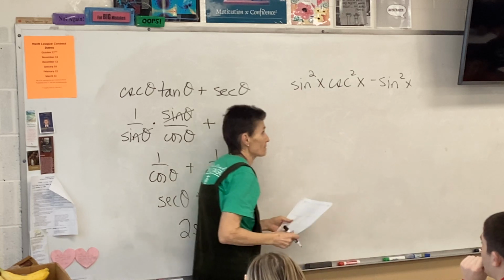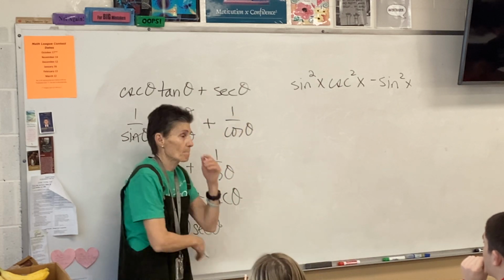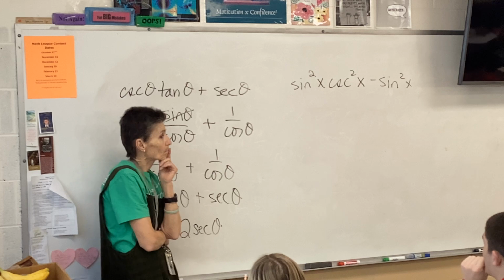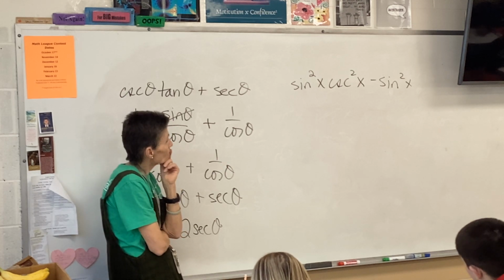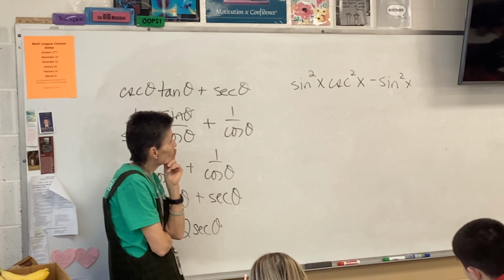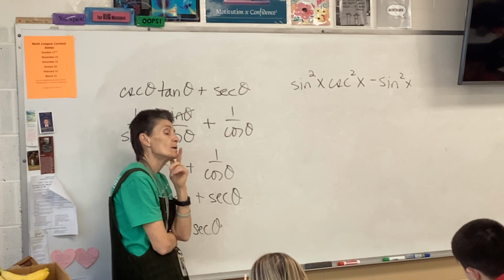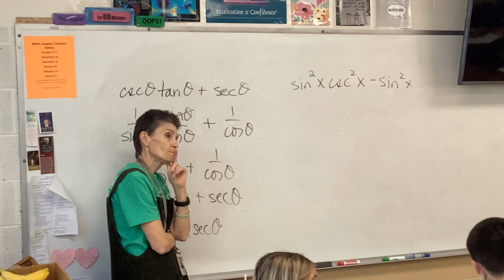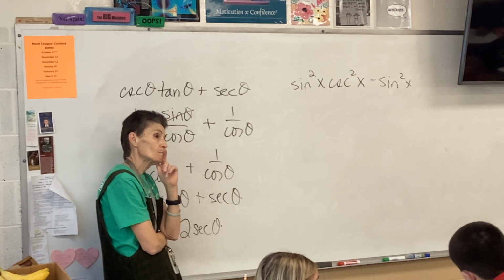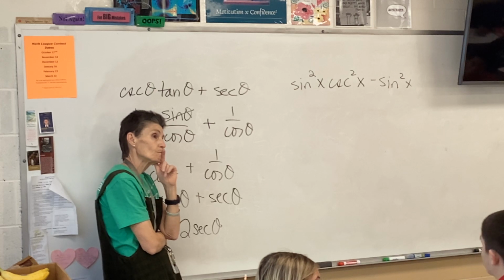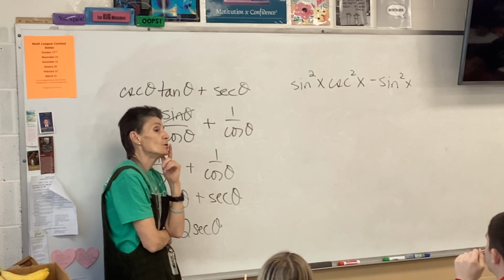Lots of options. Mackenzie? Since there's a positive sine squared and then a negative sine squared, can that go away? Since you're subtracting it away?